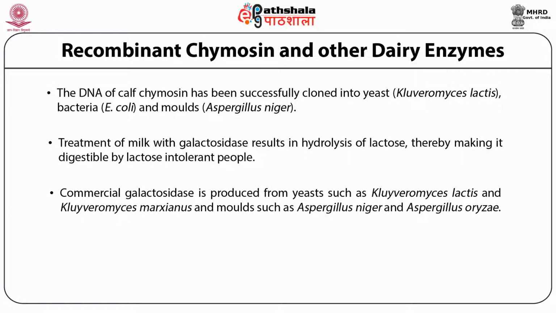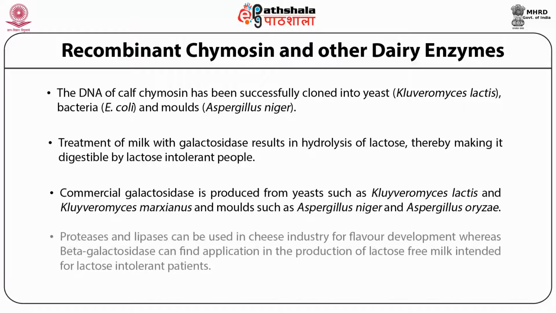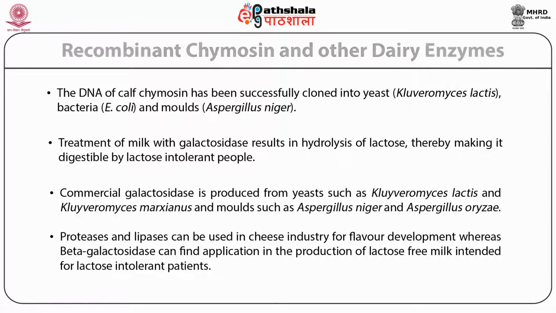Another use of biotechnology is that proteases and lipases can be used in the cheese industry for flavor development, whereas beta galactosidase can find application in the production of lactose-free milk intended for lactose intolerant patients.